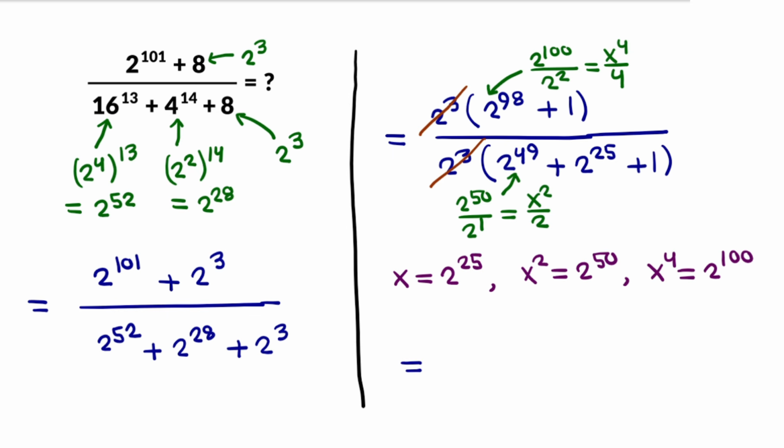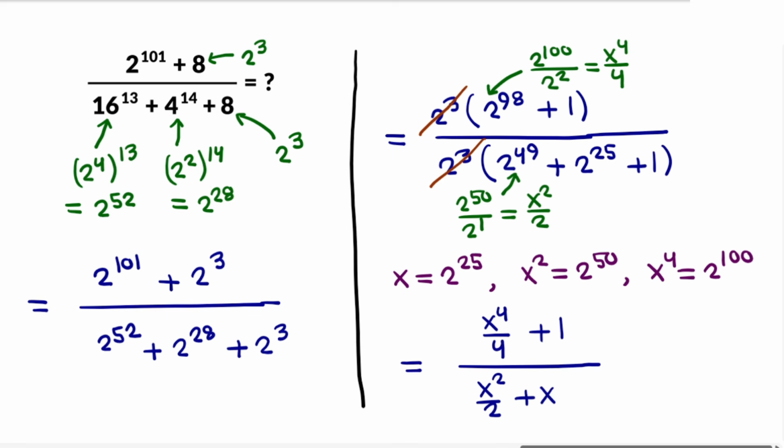Our numerator is now x to the 4th power over 4 plus 1. Our denominator is x squared over 2 plus x plus 1. To get rid of those annoying mini fractions, let's multiply the entire top and bottom by 4.